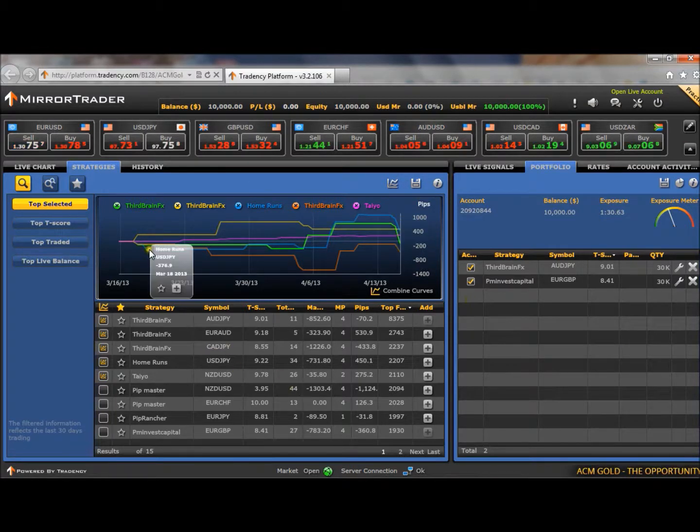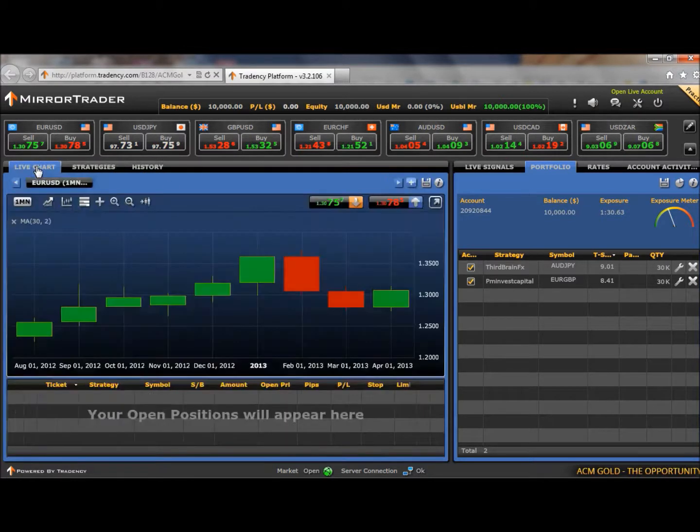Before we go out, what I'm going to show you is just where to see what's happening in your account. If you click on live chart, all your live trades will be displayed underneath your graph. So if you open this graph after you've set it up, you can check your equity first of all, so you can see if it's grown or decreased, and then you can see all the open trades underneath your chart.